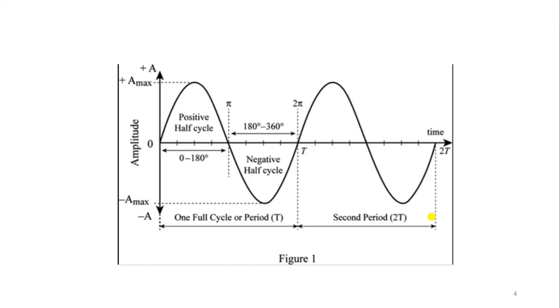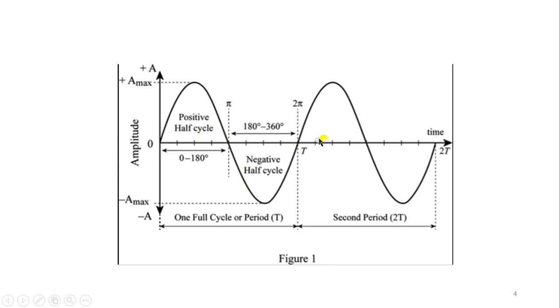Look at this diagram. We have a sine wave, and in the interval 0 to pi we have a positive half cycle. In the interval pi to 2 pi we have a negative half cycle. So in the interval 0 to 2 pi we have positive and negative half cycles.